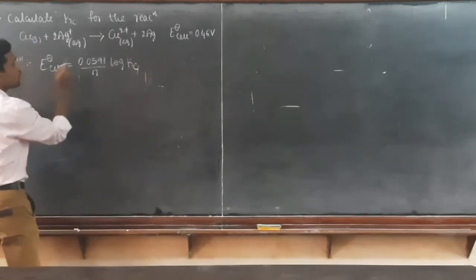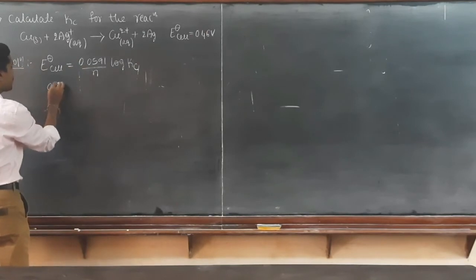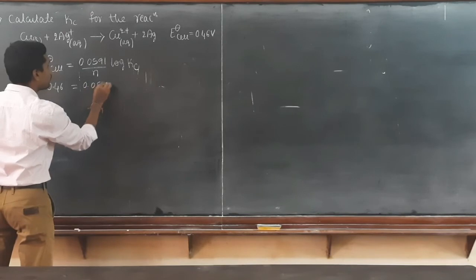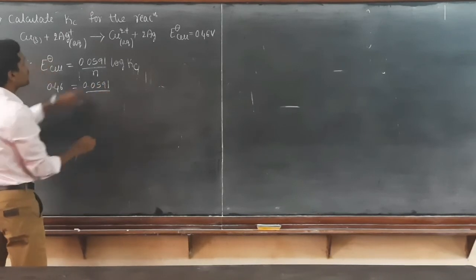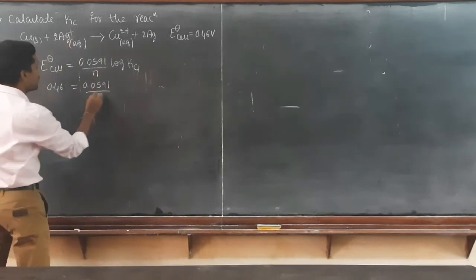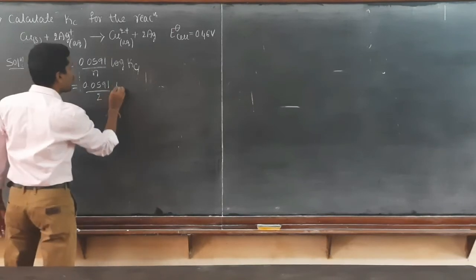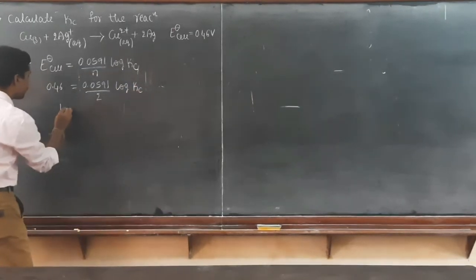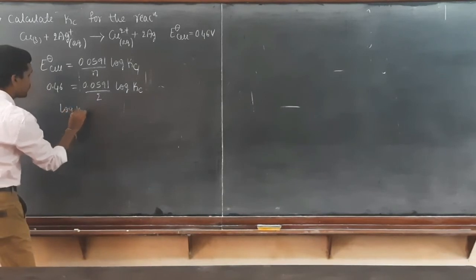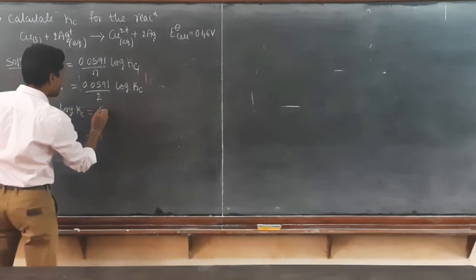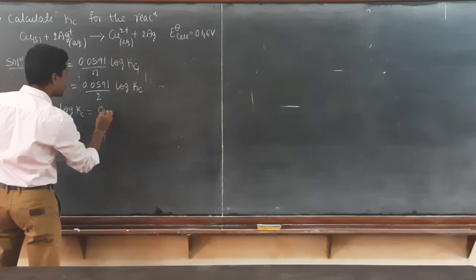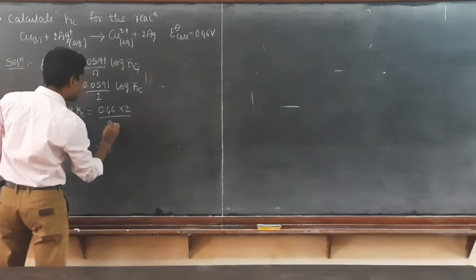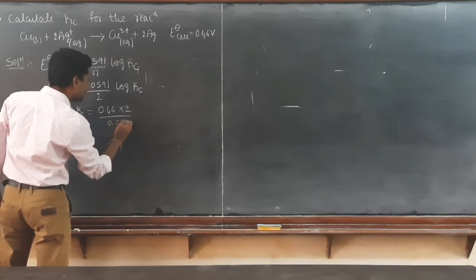The E naught of the cell is directly given, 0.46. It becomes 0.0591, and the 2 electrons are involved in this case, so it is divided by 2, log of Kc. Therefore log of Kc is equal to 0.46 into 2 divided by 0.0591.